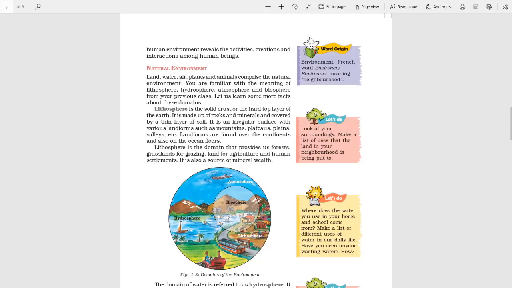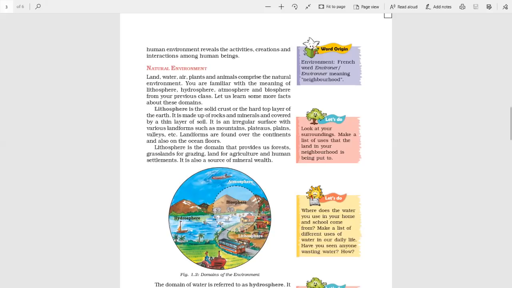Now, before going to the next domain, let's look at the word origin on the same page. We have already studied this, students. Environment is from the French word environner, which means neighborhood. Okay, students, let's start with the next domain.